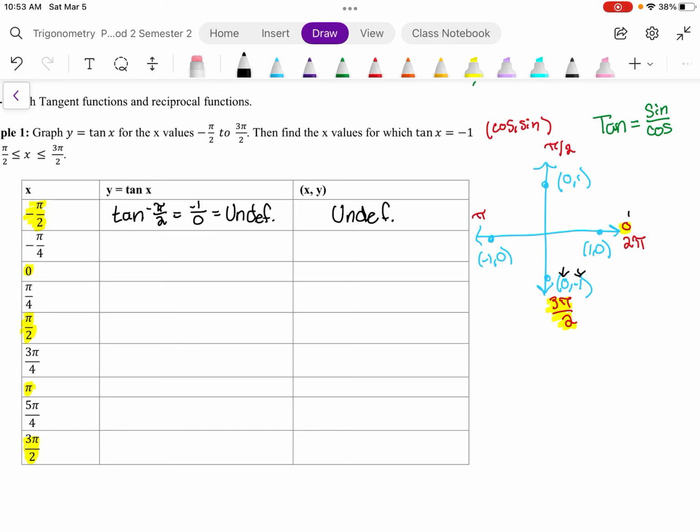Then if we go to the tangent of 0, we're going to have 0 over 1, which is just equal to 0. So we're going to have the coordinate point 0, 0. And then if we have the tangent of pi over 2, we're going to have 1 over 0, which again is undefined.